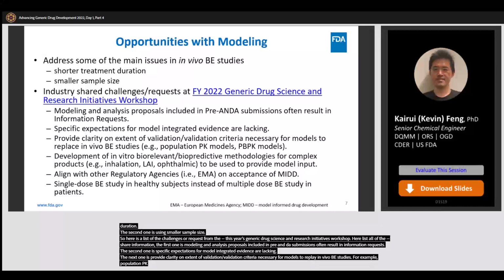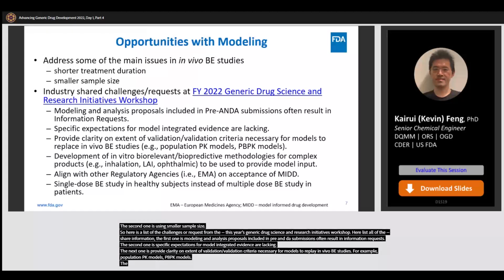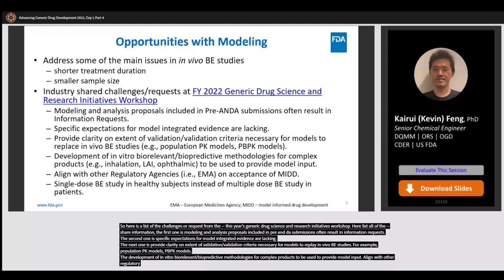Development of in vitro relevant predictive methodology for complex drug products, for example inhalation, LAI, and ophthalmics, to be used to provide model input. Along with other regulatory agencies on acceptance of MIDD. And the last one is a single-dose BE study in healthy volunteers instead of a multiple-dose BE study in patients.